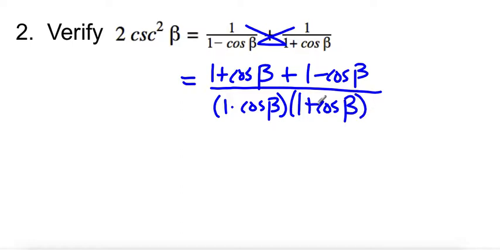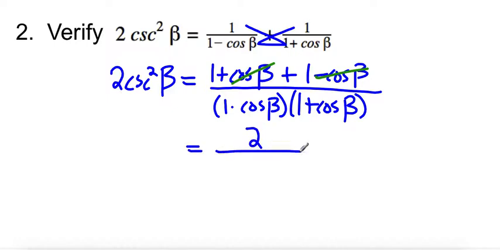All right, I haven't done anything with the other side, so we'll just leave that alone. Okay, let's see. In the numerator, cosine beta and negative cosine beta are going to cancel out. So I'm left with a 2 on top. In the denominator, I'm going to FOIL this out.